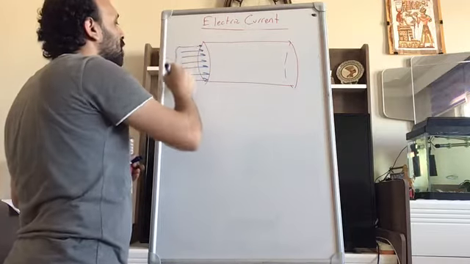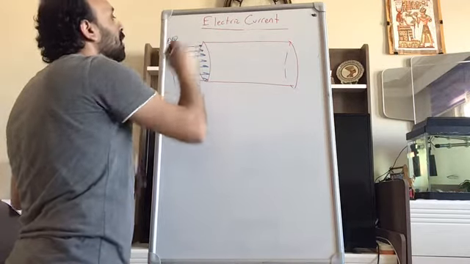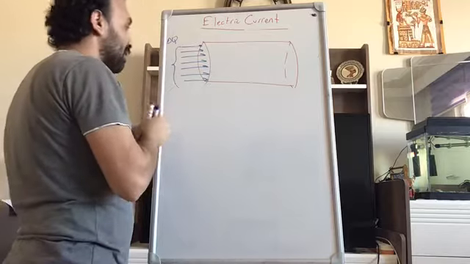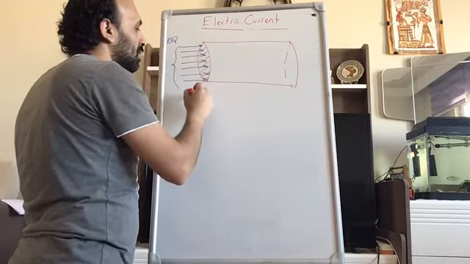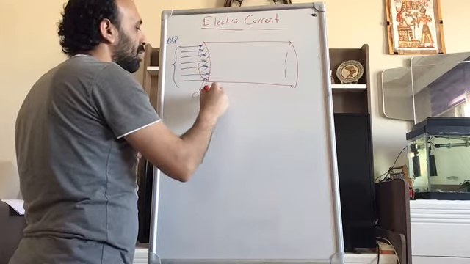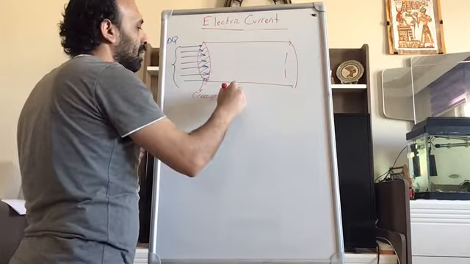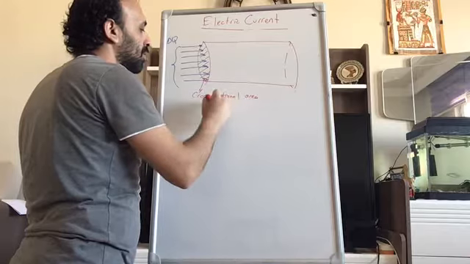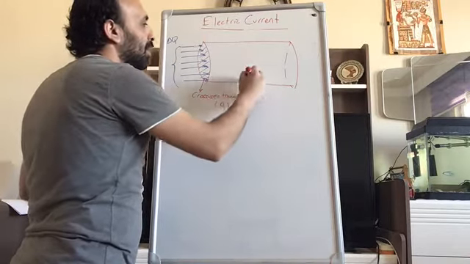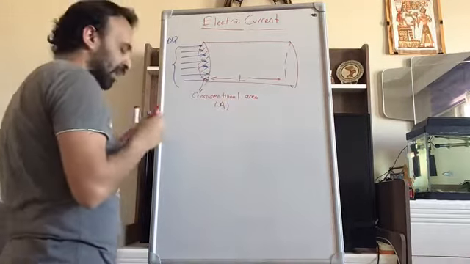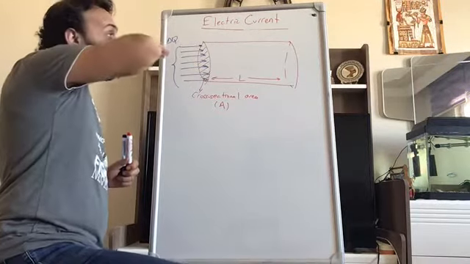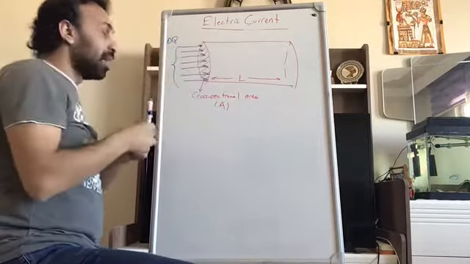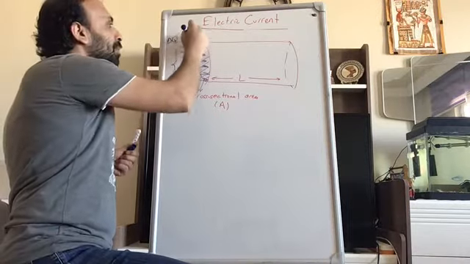Okay, and the total charge is delta Q. Let me define the cross-sectional area, which we show with A, and this is the length L, the length of the material. So let's assume that the electrons are passing through this wire with the velocity Vd.